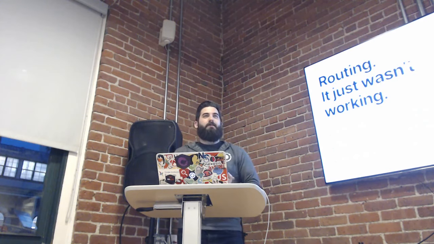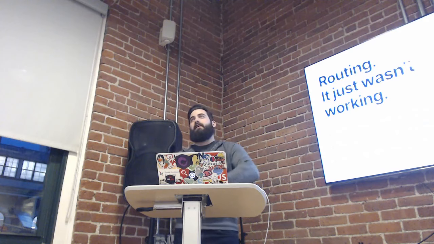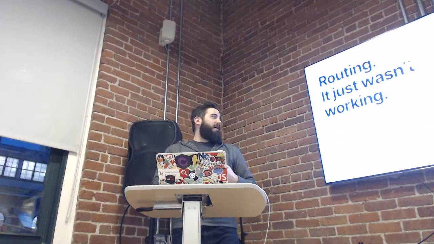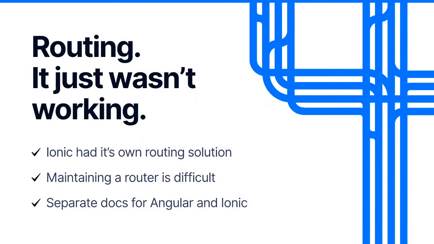As we started building that out and maintaining it and seeing a lot of the complexities that come with routing, we realized there is a diminishing return on our focus here. We're not getting the best experience out of this. Our developers aren't getting the best experience out of this.